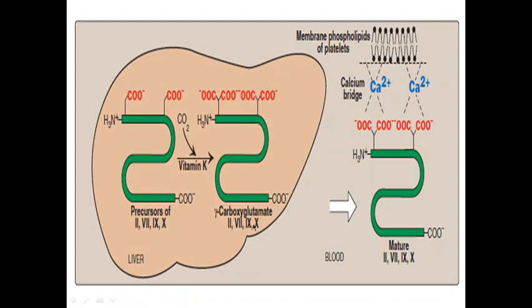The gamma carboxy glutamate is present in such coagulation factors. These coagulation factors will circulate in the blood, and at the site of injury, the calcium will bridge the coagulation factors with the negative phospholipid surfaces, and the process of coagulation will start.